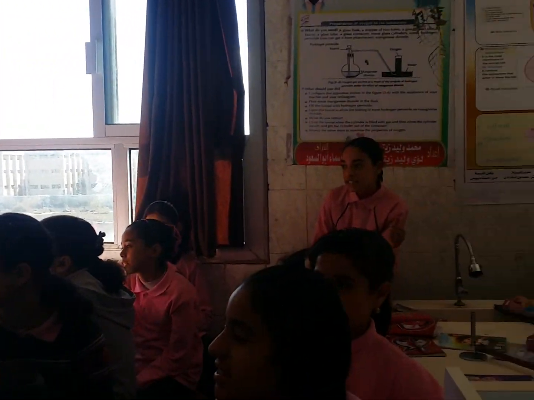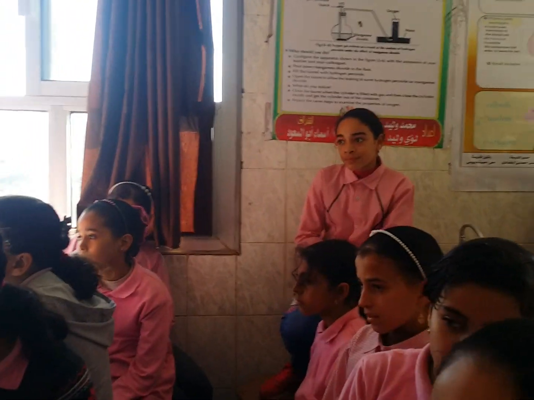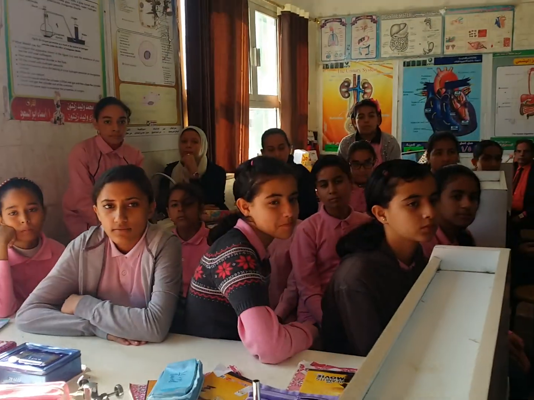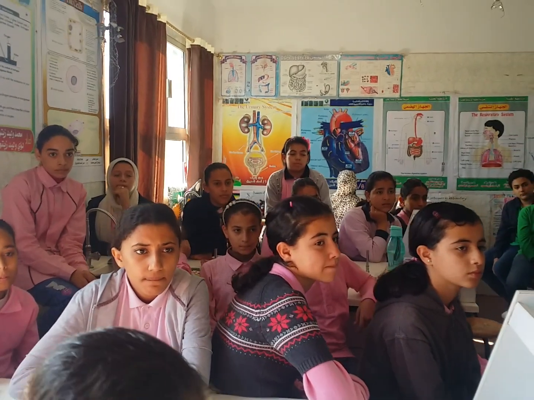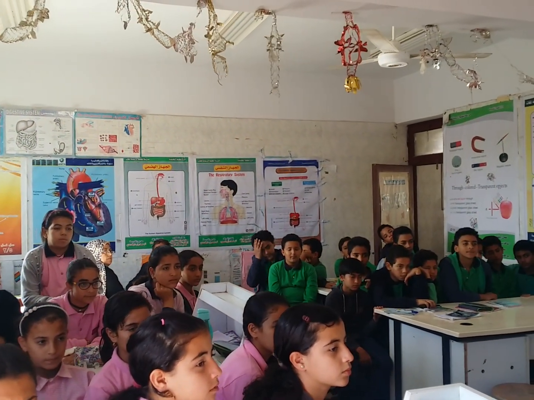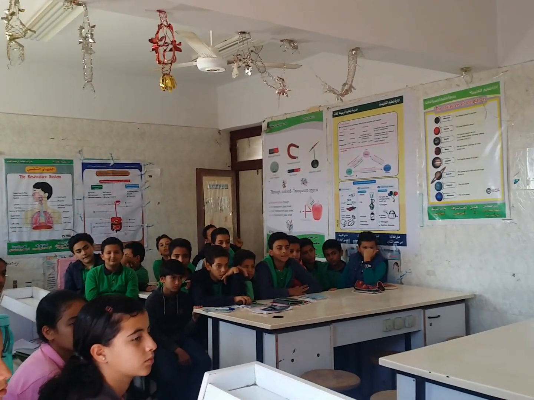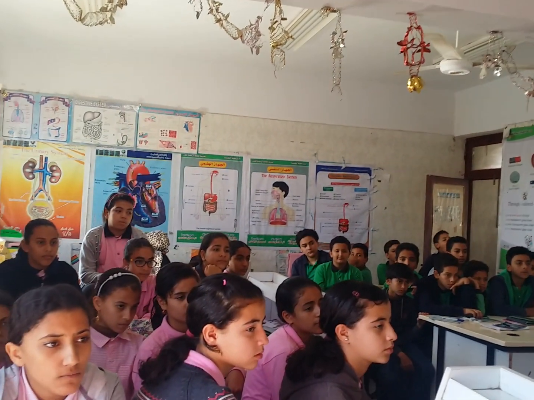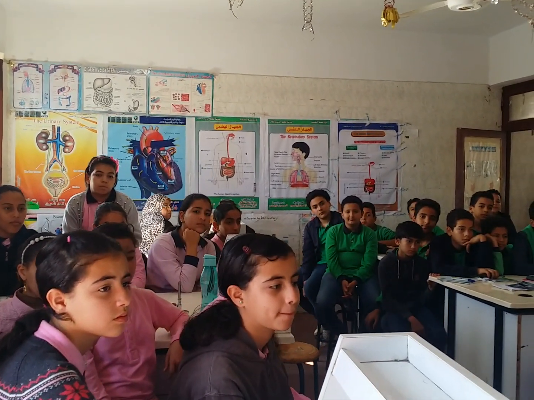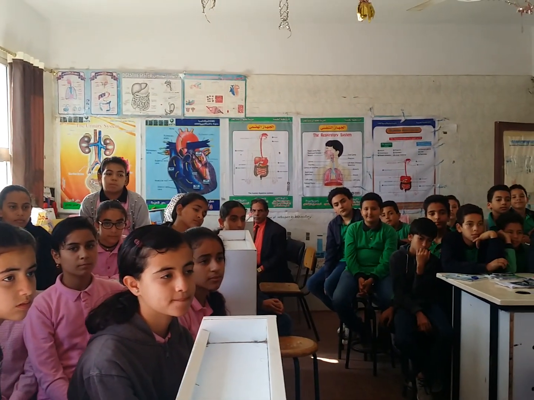the photosynthesis process. Yes. Do you know the meaning of the photosynthesis process? As you know, this is the structure of our plant. It consists of what? Root, stem, leaves. Okay? What happens in the morning in the presence of sunlight?